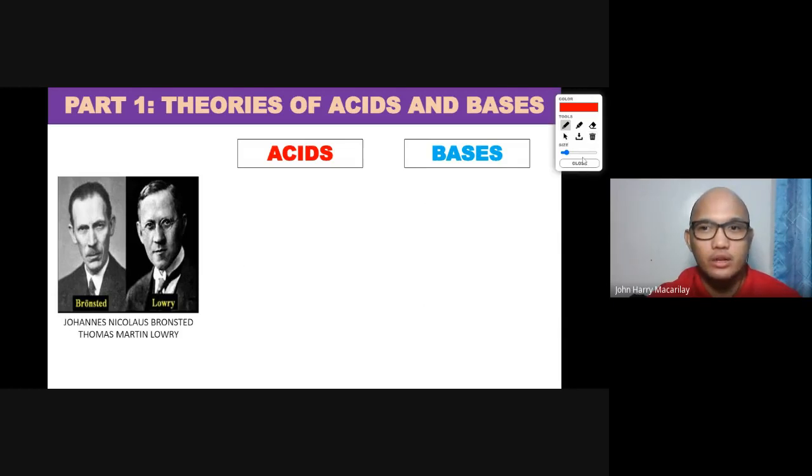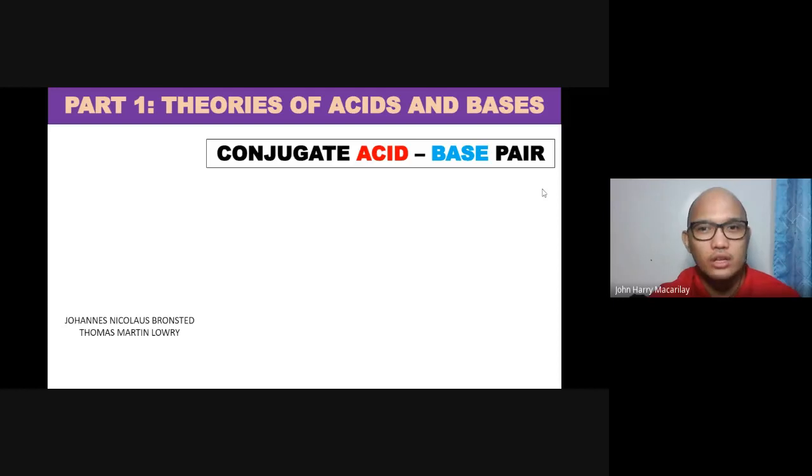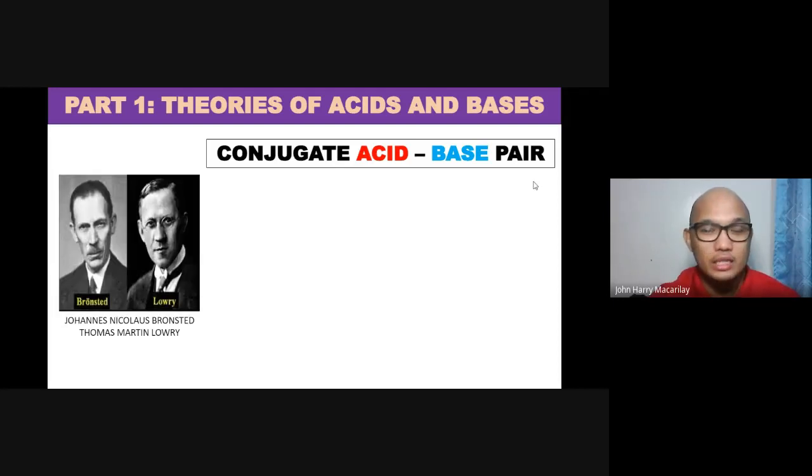So this particular theory also introduces the conjugate acid-base pair. Alright, so what does this mean? An acid, after donating its proton, will produce the conjugate base, and the base which will accept the proton will produce the conjugate acid. So let's have the example again a while ago.